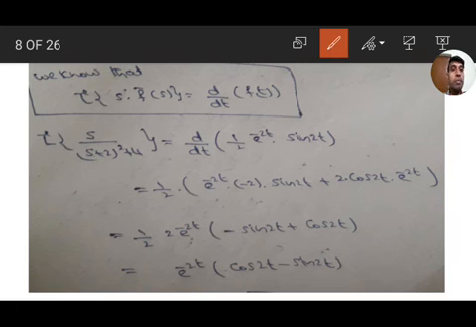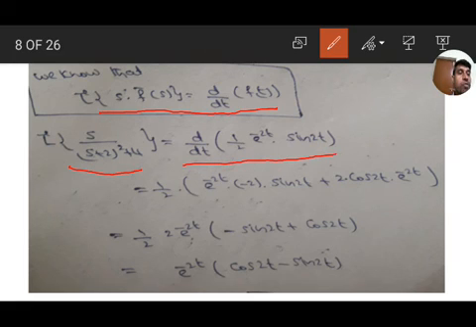That is L inverse of s by s plus 2 whole square plus 4 equal to d by dt of 1 by 2 e to the power of minus 2t into sin 2t. 1 by 2 is the coefficient outside. Here u into v.